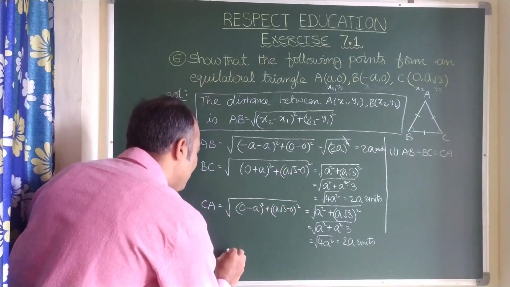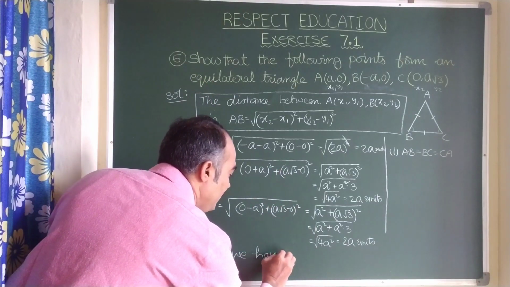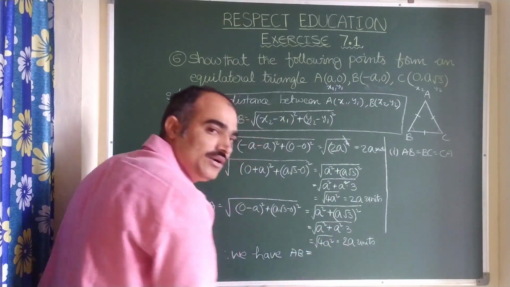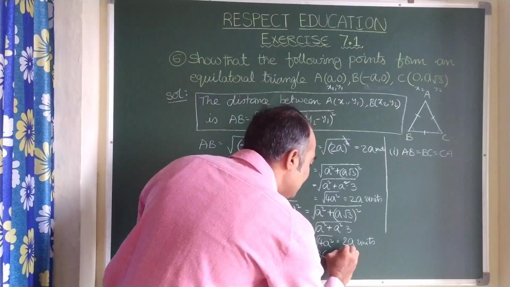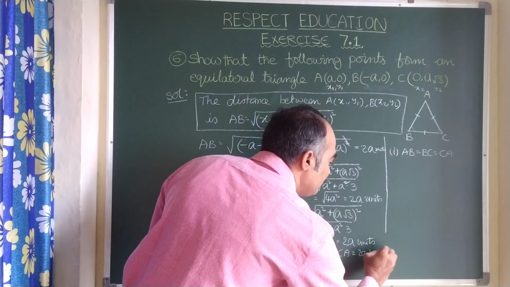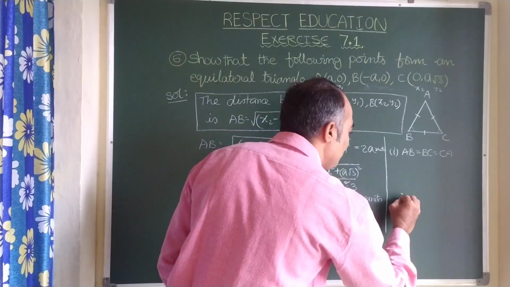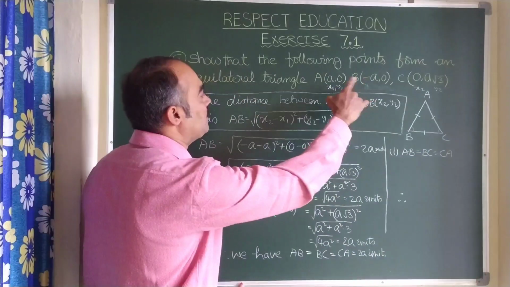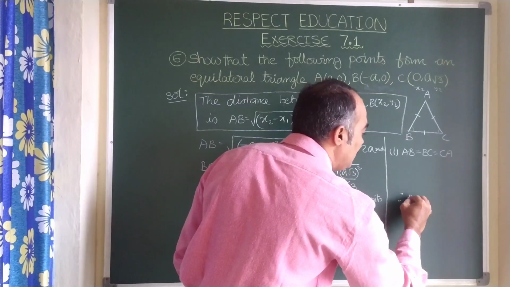Here what we get? Therefore we have AB is equal to BC is equal to CA, each is equal to 2a units. Therefore, these three points ABC form an equilateral triangle. So let us write the conclusion here.